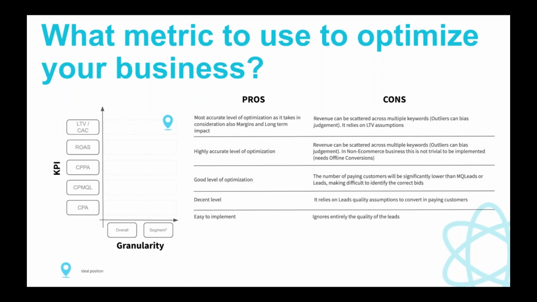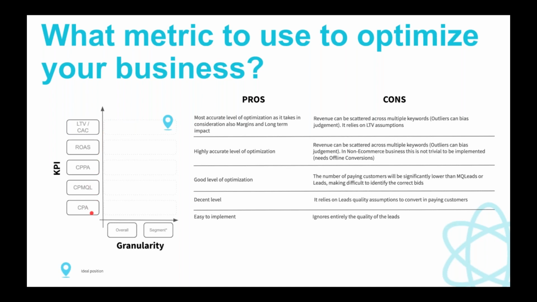So you need a larger investment. So if you're starting with an e-commerce, definitely ROAS is the way to go. If you are at a more advanced stage on your e-commerce and you have developers and you have enough investment, then you want to dare in a more sophisticated area, and you want to embrace thinking LTV and margins.